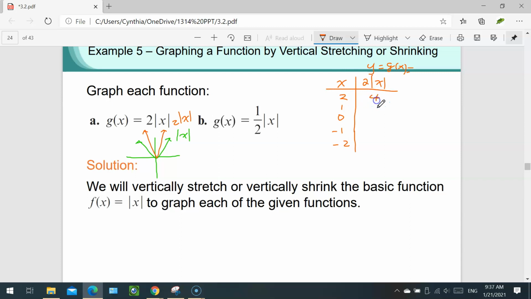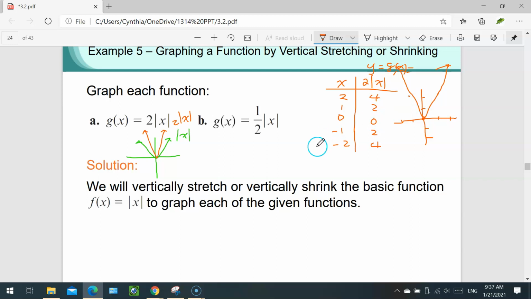That means you have 4, 2, 0, 2, 4. And you can sketch the graph by plotting the points: 0, 0, 1, 2, -1, 2, 2, 4, -2, 4. So your graph will go skinnier, near to the y-axis.